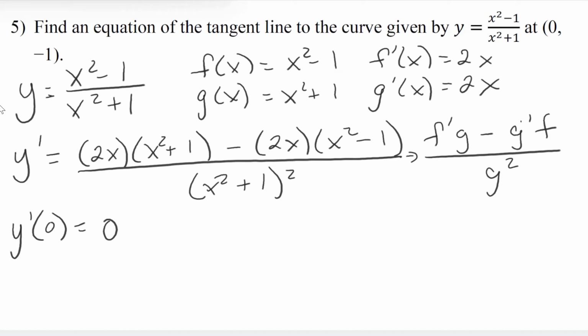And the way to write it is in slope-intercept form. Oh, slope-intercept or point slope, it doesn't make a difference. Okay, point slope. So I got y plus 1 equals 0 times (x minus 0). And then y is equal to negative 1. Oh, wait, yeah, negative 1, correct.